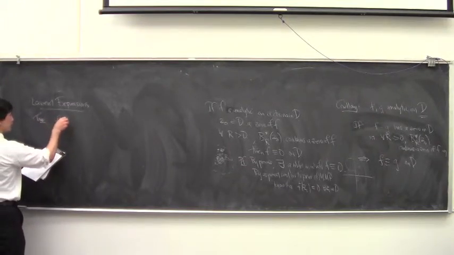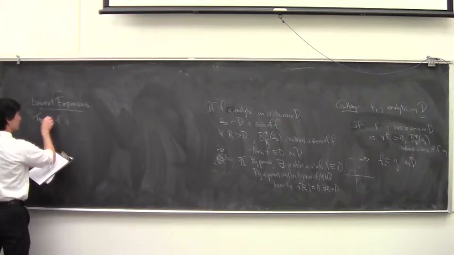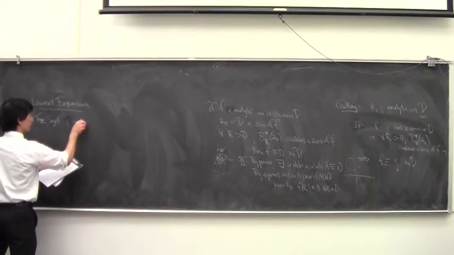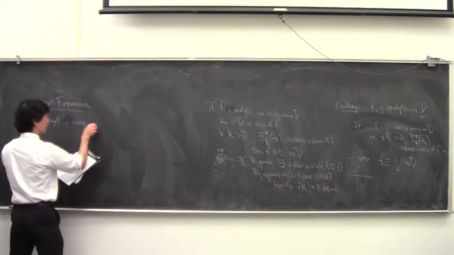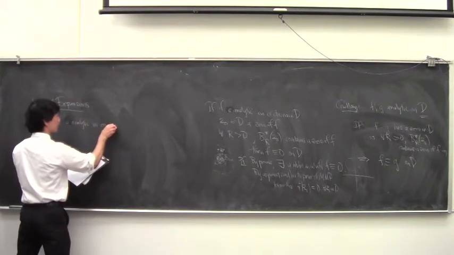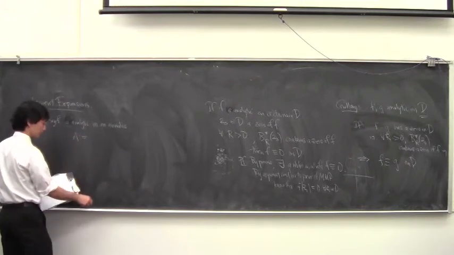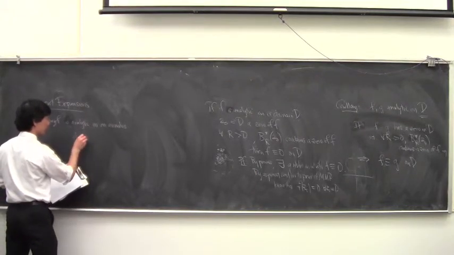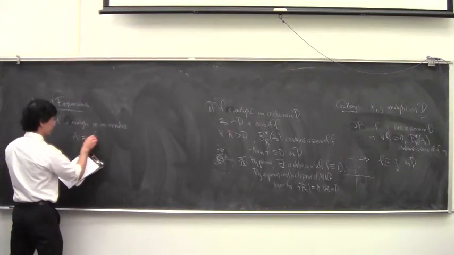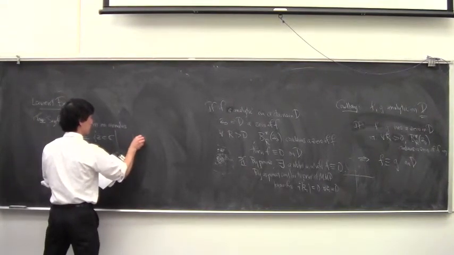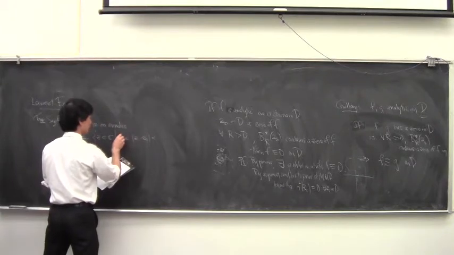You have some function f, which is analytic in an annulus centered at some point z naught.